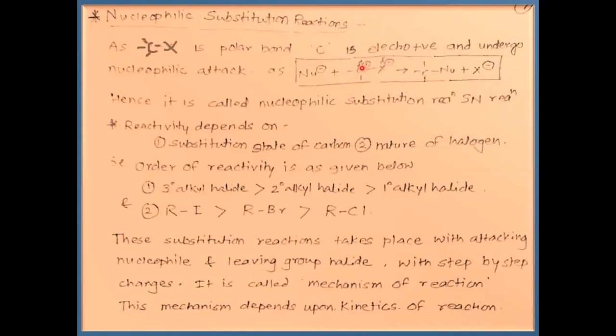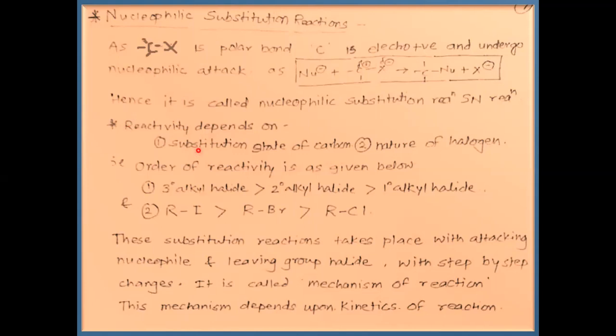So the nucleophile attacks this partially positive carbon, and in this way the product is obtained. Nucleophile substitutes, replaces the halide ion. These reactions and mechanisms for nucleophilic substitution reactions we will see here.